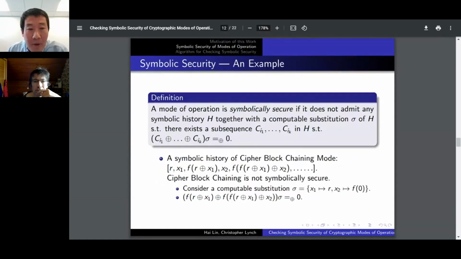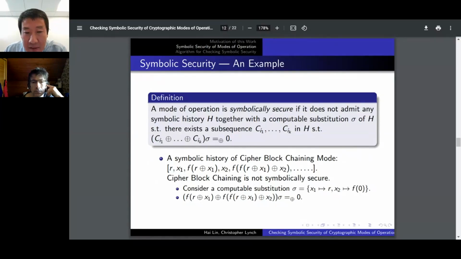As an example, cipher block chaining is not symbolically secure, because first we can find a computable substitution sigma where X1 goes to R, X2 goes to f of 0, as we discussed earlier, is a computable substitution. So under that computable substitution, the XOR of the first ciphertext block and the second ciphertext block becomes 0.